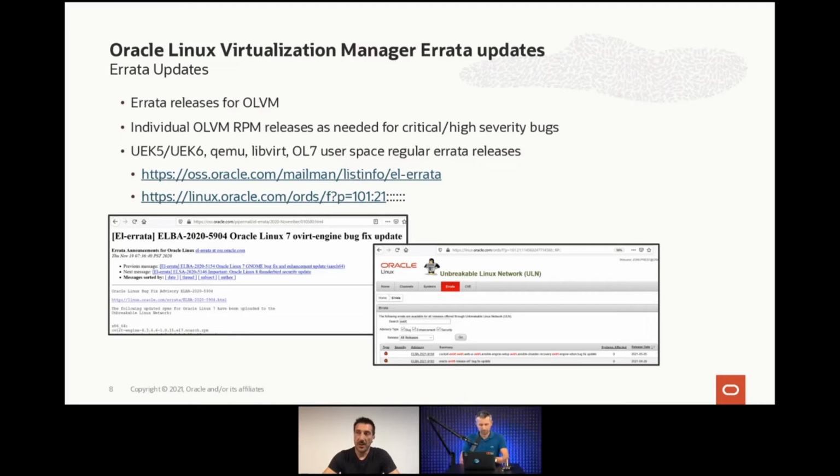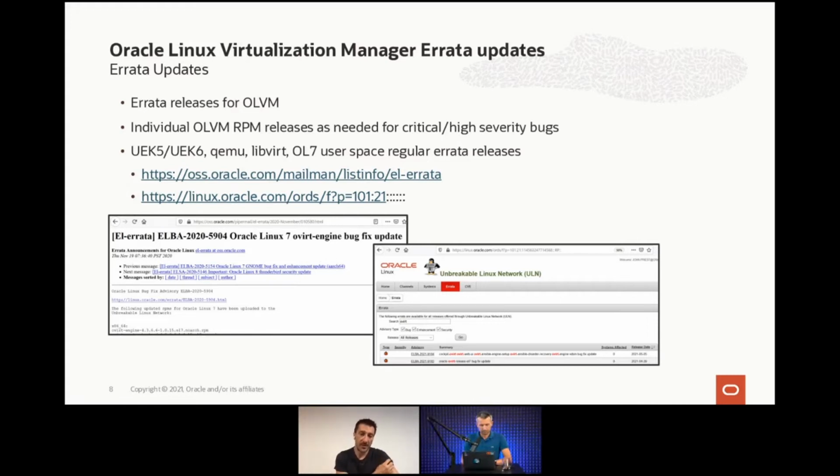Over there, we introduced many bug fixes, many security fixes, as well as some enhancements. We also did different backports from the community because, as you know, the overall community is today running the 4.4 release that relies on Enterprise Linux 8, while we are still on Enterprise Linux 7 with the 4.3 release of OLVM.